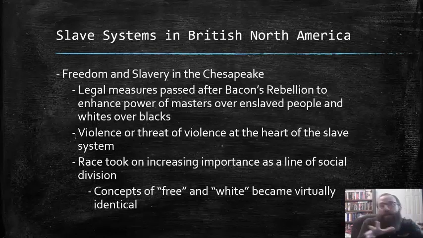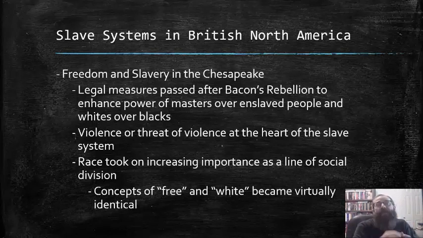And here is where again we start to see ideas of race and racism form and coalesce and become more coherent alongside the growth of the institution of slavery itself.